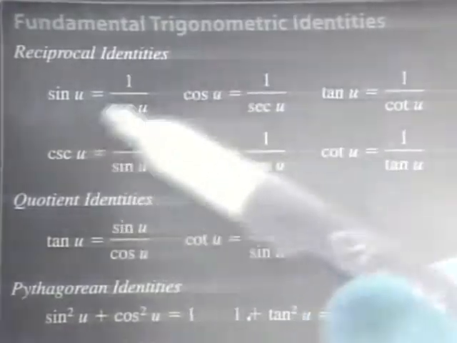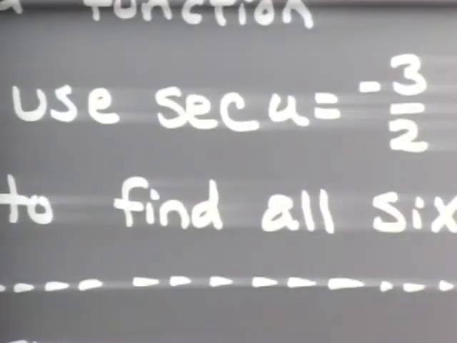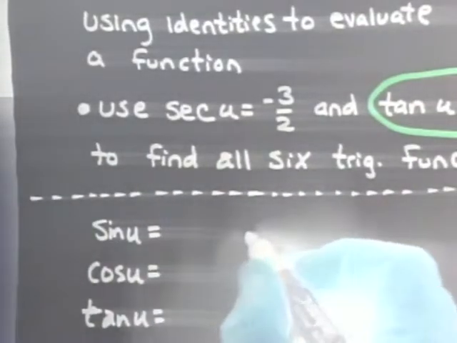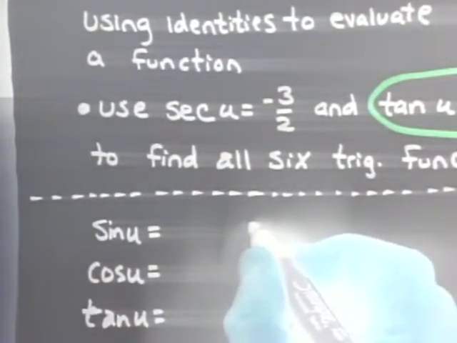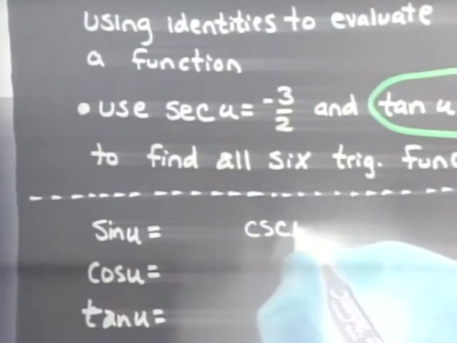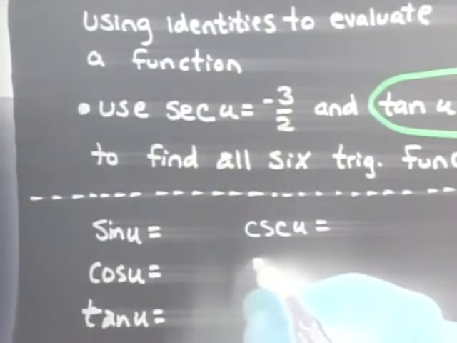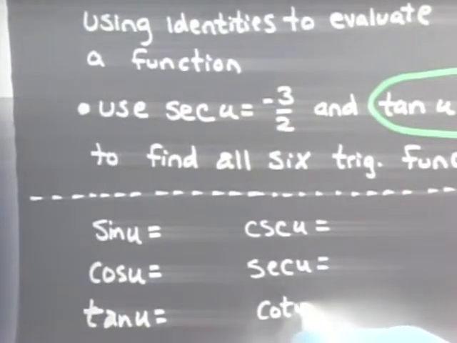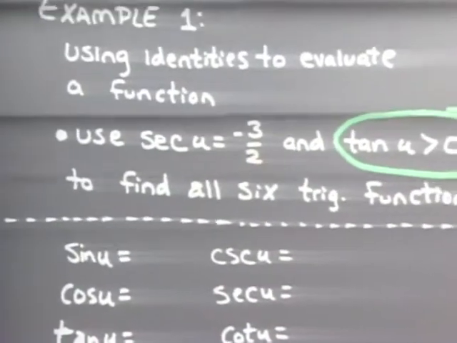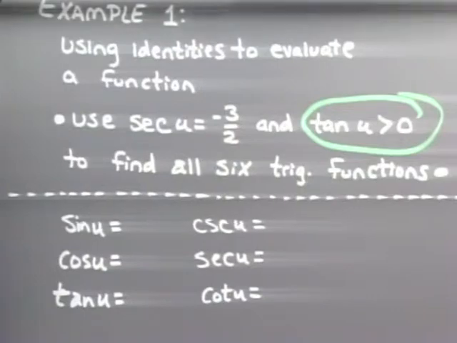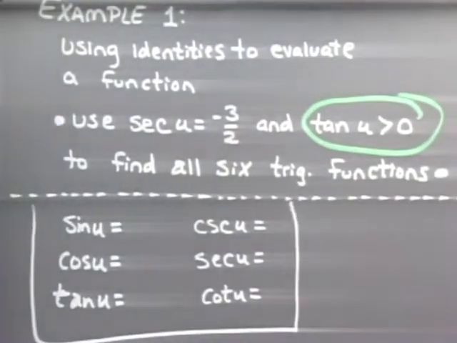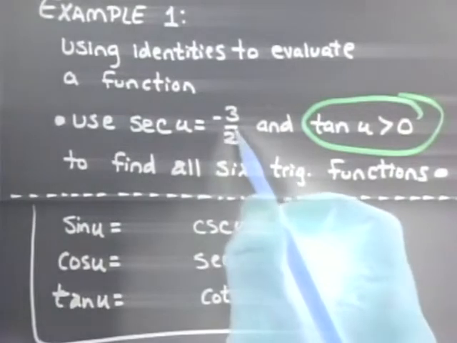It basically means sine and cosecant are reciprocals. Also, cosecant is 1 over sine. So I like to write the reciprocal ones across from each other. Sine, whatever sine is, I'll put over here. CSC u equals, and then secant u equals, and then cotangent u equals. That's my answer sheet, and I'll work the problem out.